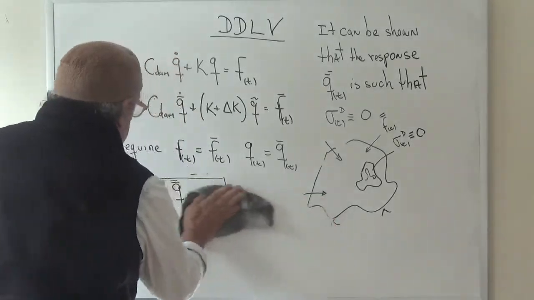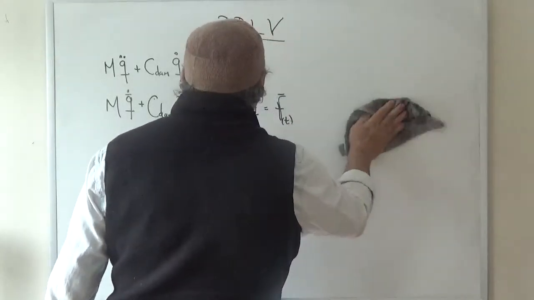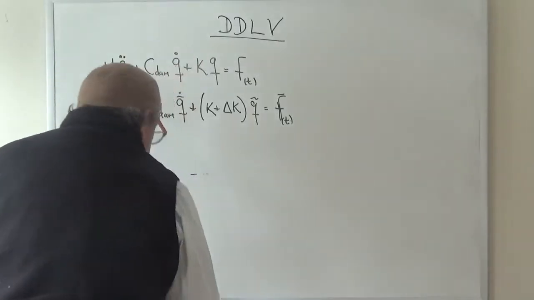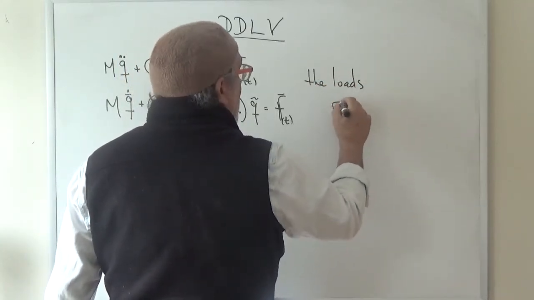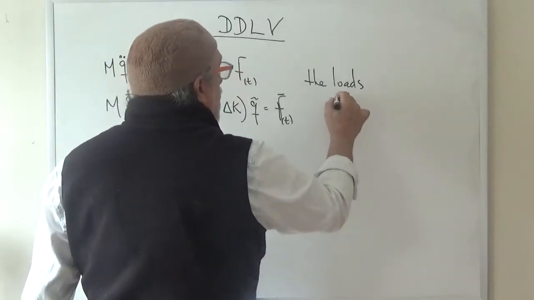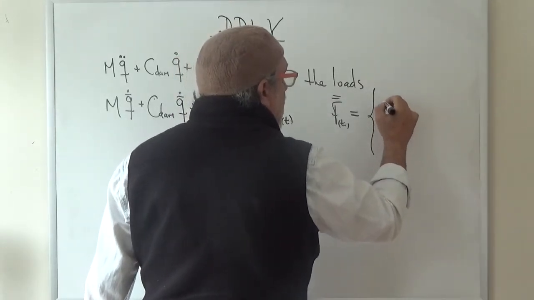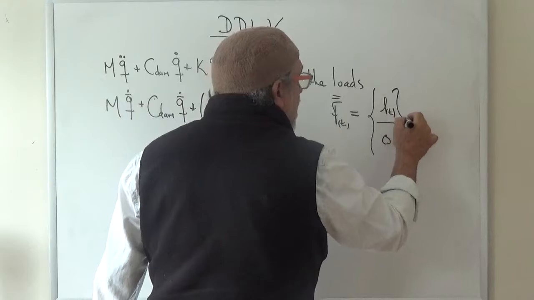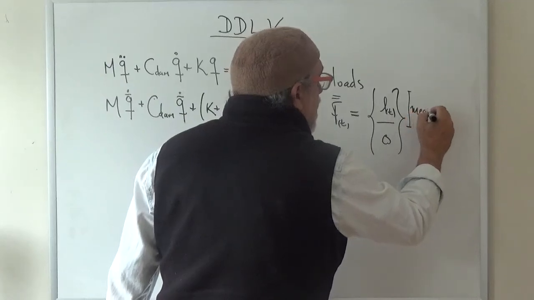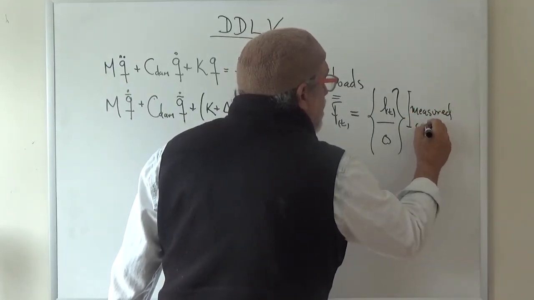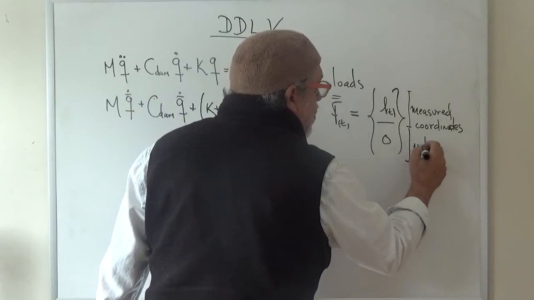So I'll erase here. And say that the loads F double bar T that produce these two things to be equal must be such that, assuming these are the measured coordinates, or coordinates where there are going to be sensors, and these are not measured, right?